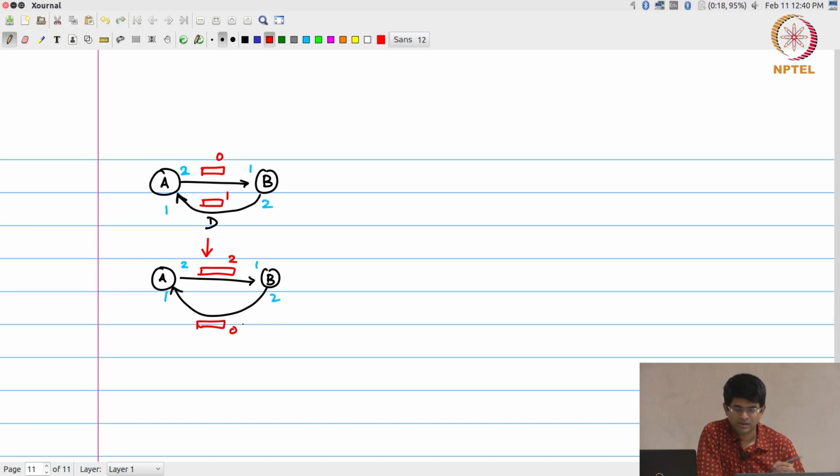Okay. Now what happens the next time? Now 2 tokens are sitting on the A to B edge. B consumes 1 token every time that it fires, therefore in principle it can now execute twice. So let us just go ahead and execute both of them.